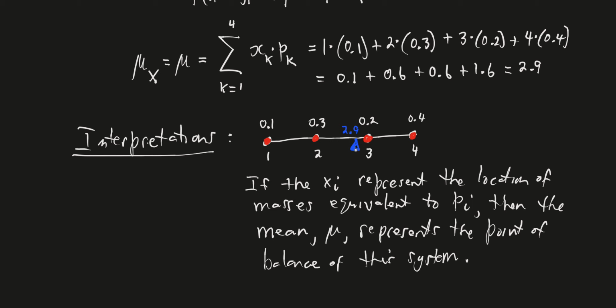It's just like a teeter-totter, with no one else sitting on either end. If I have it balanced right at that point, then it will be in perfect equilibrium, right? If I put it somewhere else, then it's going to be out of balance and so forth. So that's really an interesting way to look at the mean.